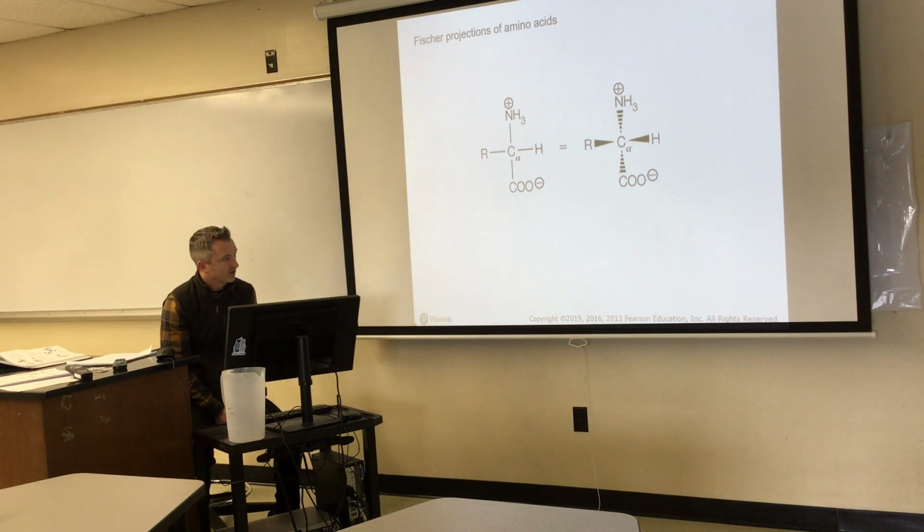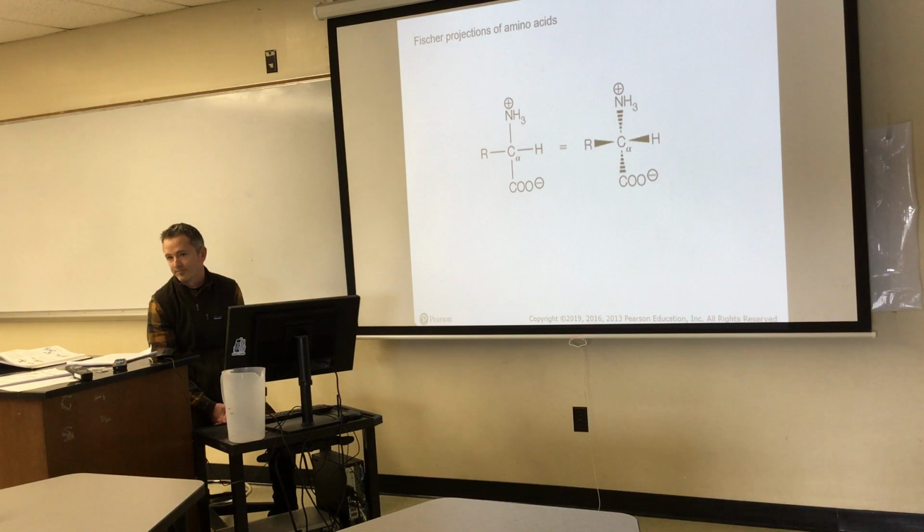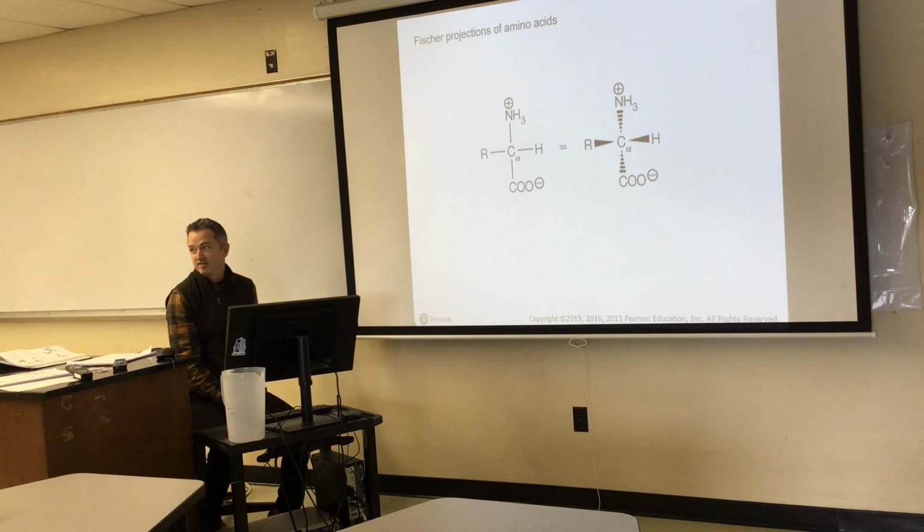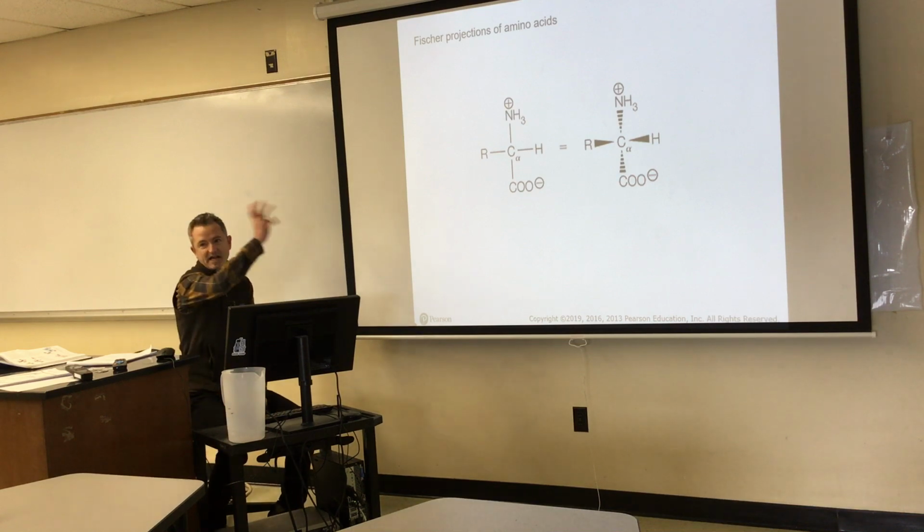So your vertical is what's behind the board, and your horizontal is what's in front of the board. And when you are doing R and S, what is the rule that I give you? Counterclockwise. Hydrogen's in the front, you invert it. That's right. R is clockwise or right hand.